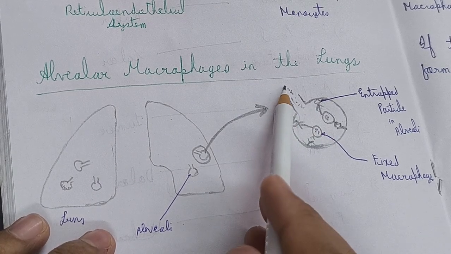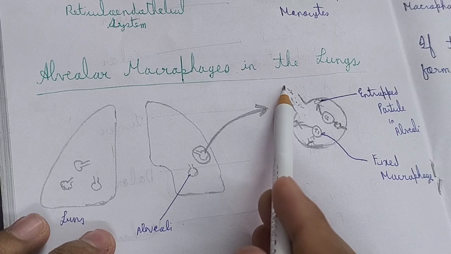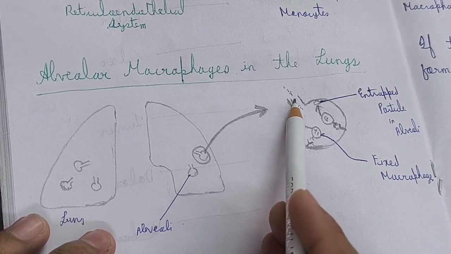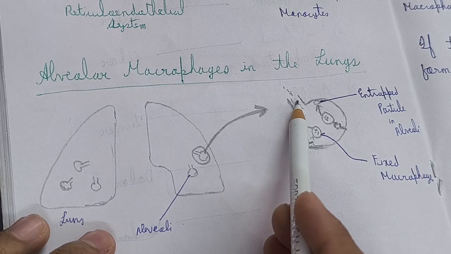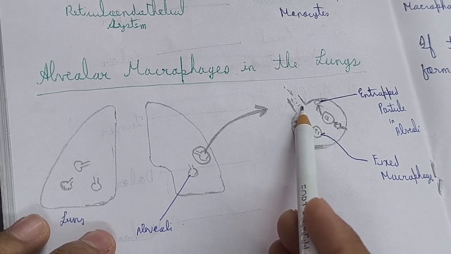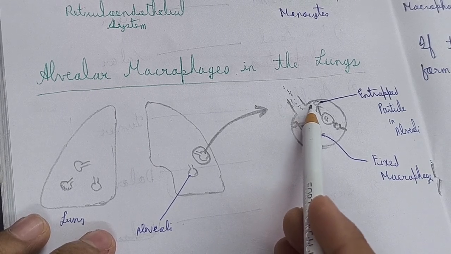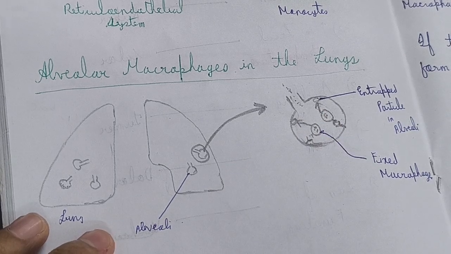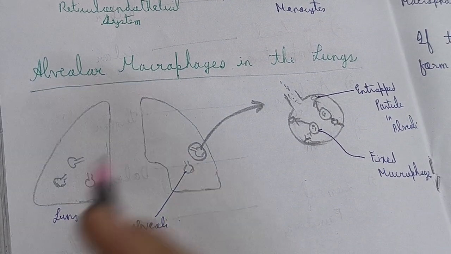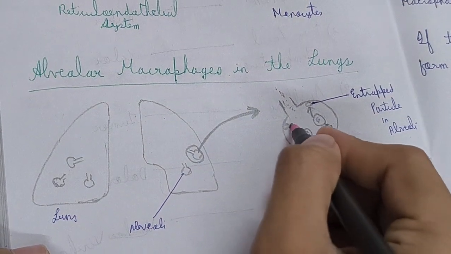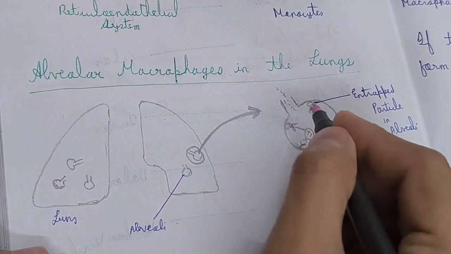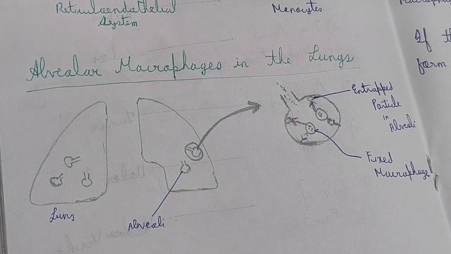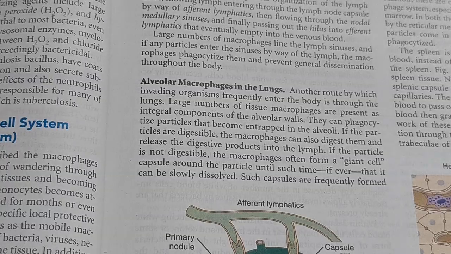Through breathing, air comes into the alveoli by this route, and some particles may be present in the alveoli and get trapped in the wall. Then these fixed macrophages do phagocytosis or killing of these entrapped particles, and this is mentioned in your book also.